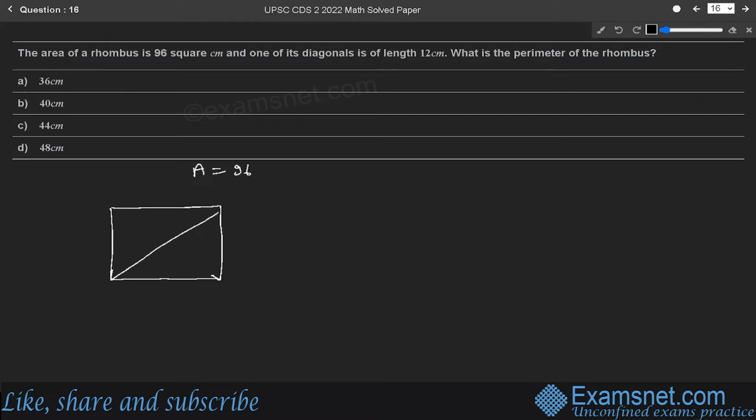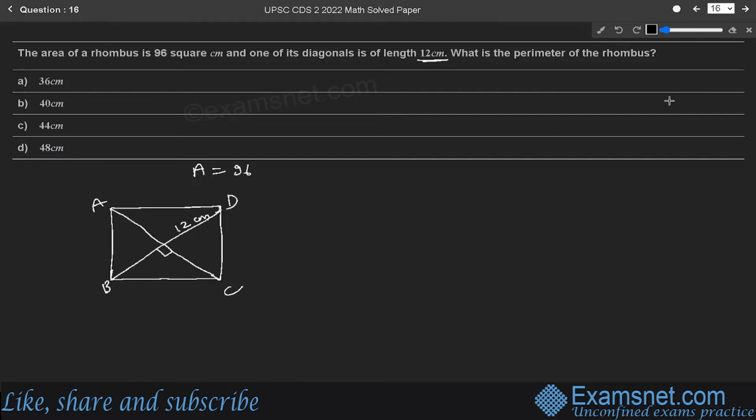So let this be the diagonal. Let us name it A, B, C and D. Here BD is a diagonal and the length of one diagonal is 12 centimeter. We don't know about the other diagonal, which is AC, but we know that both the diagonals bisect each other at 90 degree.